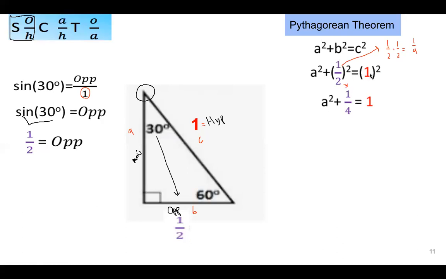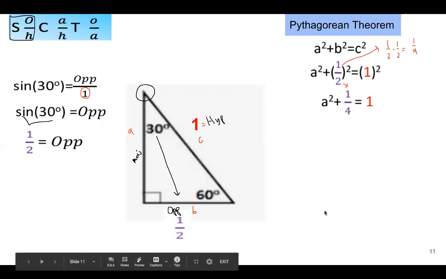And then 1 squared is just 1 times 1. A lot of people get confused thinking this is 1 times 2. Nope, this means 1 times 1. So this is what we have here from the Pythagorean theorem. Again, I'm trying to figure out what the length of this adjacent side is.